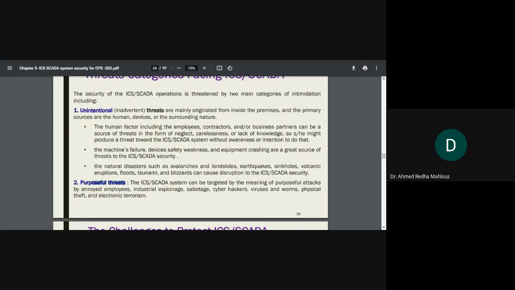Because of the carelessness of someone who used a USB brought from the outside inside that nuclear plant, it resulted in the hacking of that plant. This is unintentional, because that person didn't do it on purpose; it was because of neglect, carelessness, and lack of knowledge.